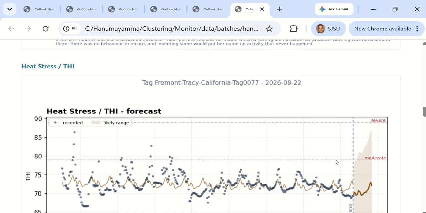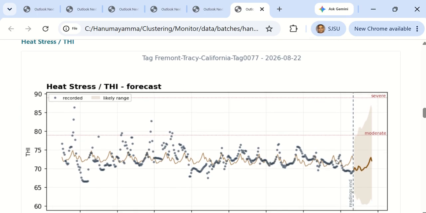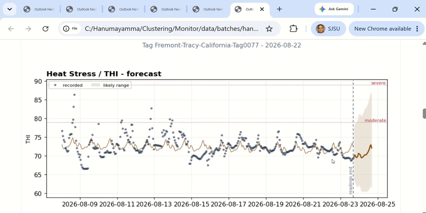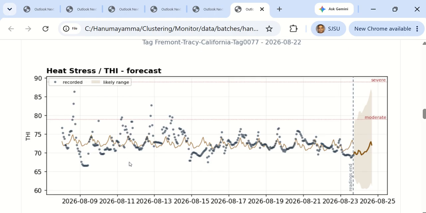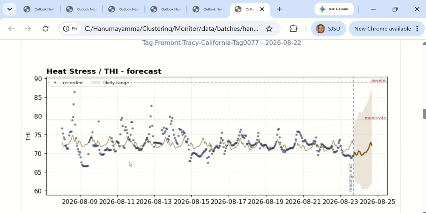Let's go with heat stress. We compute the THI from the forecast temperature and humidity for each hour. This preserves the correlation between temperature and humidity, which is essential for accurate heat stress prediction. Recorded THI values are in blue.